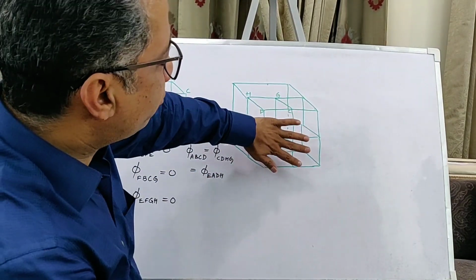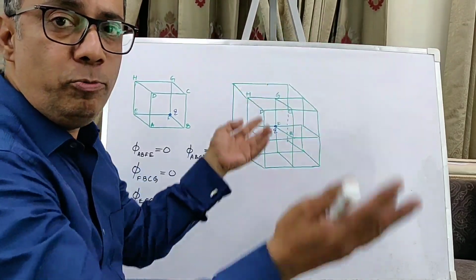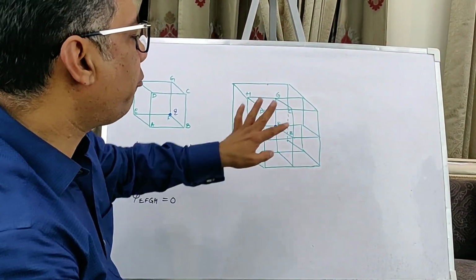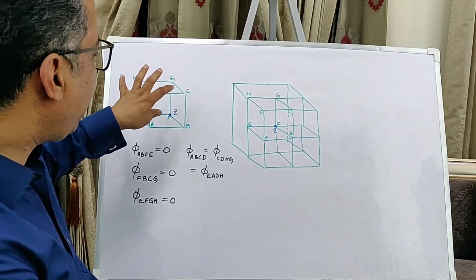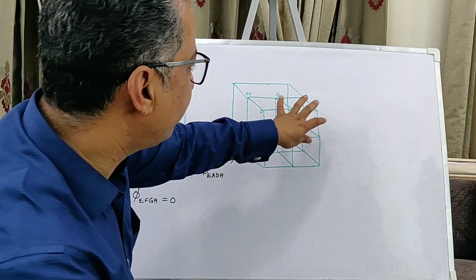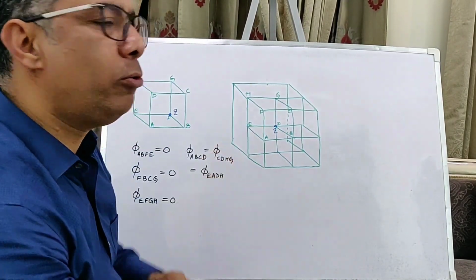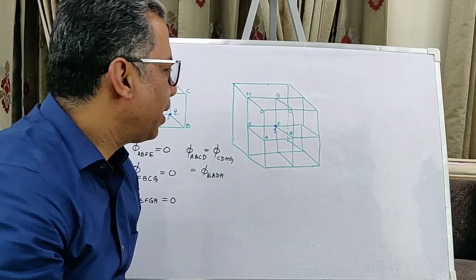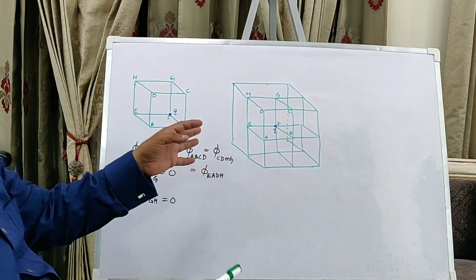And by constructing those 4 more cubes, we end up having a large cube which is made up of 8 such smaller cubes. So we have 8 such cubes now, and they form a larger cube, and charge Q is now placed at the center of that larger cube. I hope that is clear to you.